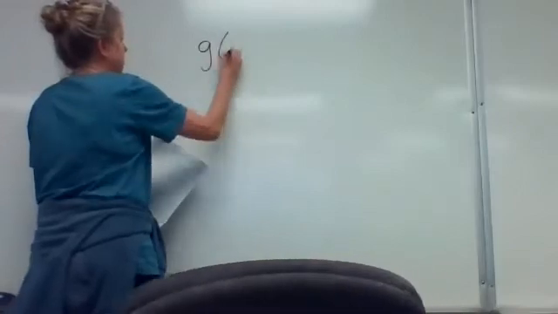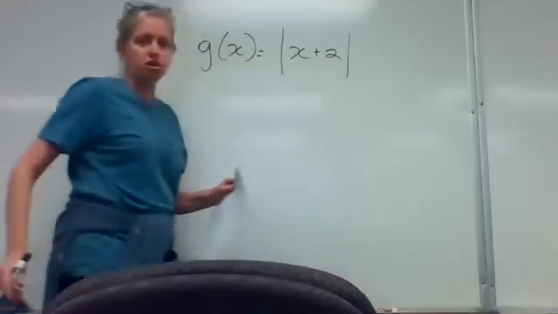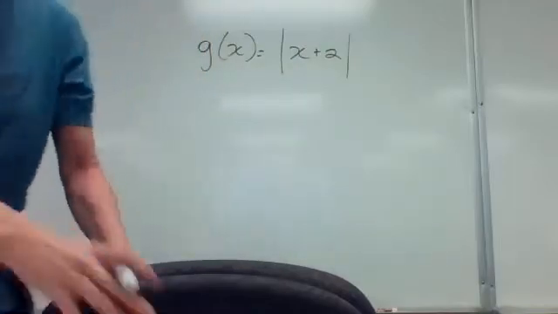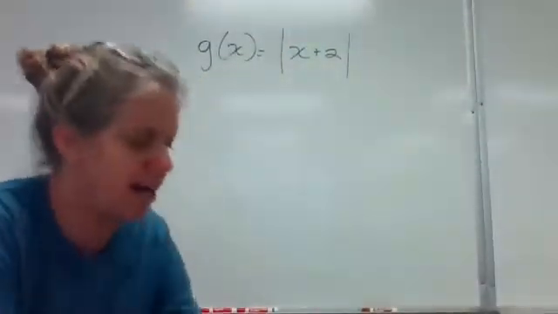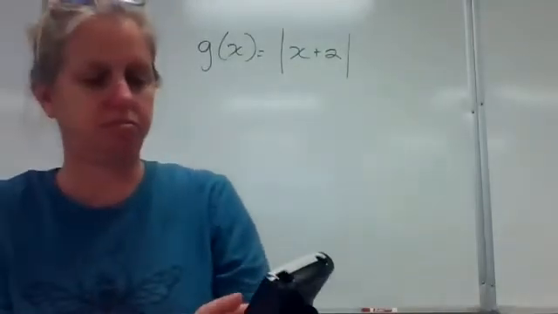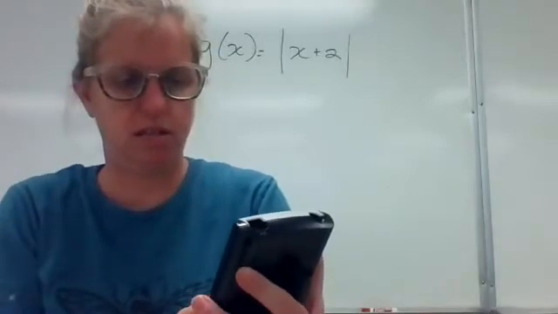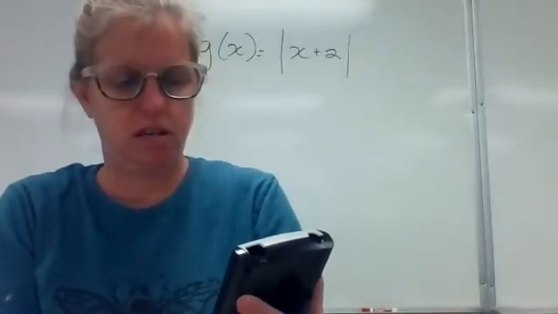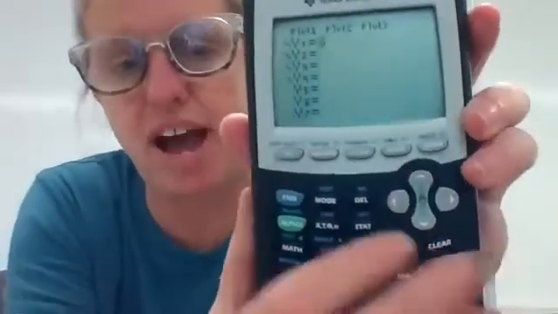Okay, so number 1, graph the following function: g of x equals the absolute value of x plus 2. Now, you could just put this in your y equals, right? You have a graphing calculator. So if you go to your y equals, remember where the absolute value is.